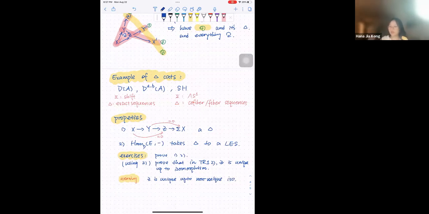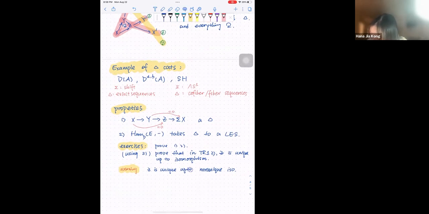So you have Z, and Z is unique up to isomorphism, but you have choices of these isomorphisms.